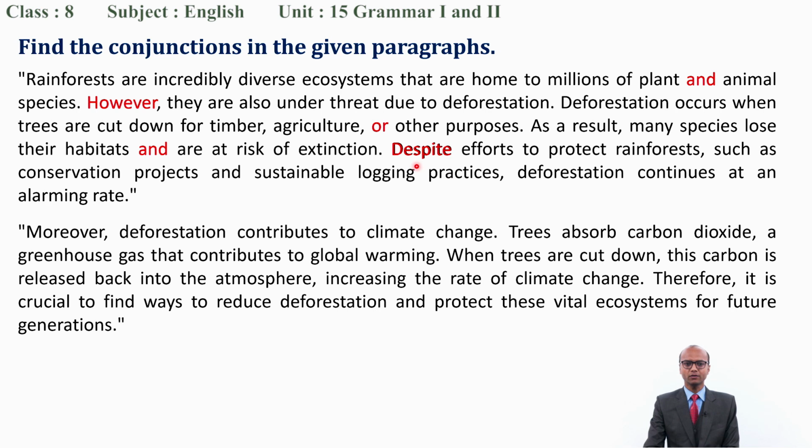"Despite" is there. Very good. "Moreover", this also functions as a conjunction here. "Therefore", and so on. So, these are the conjunctions.